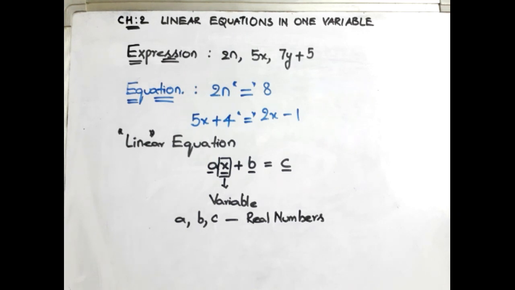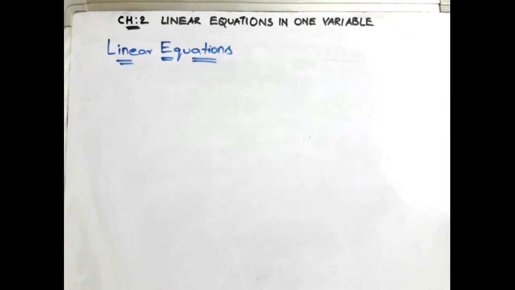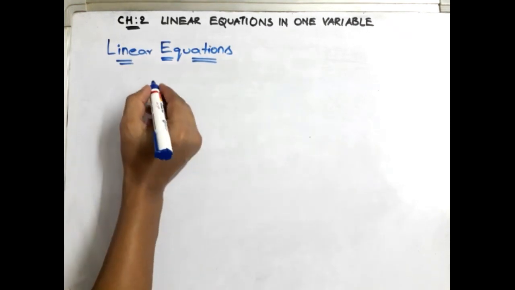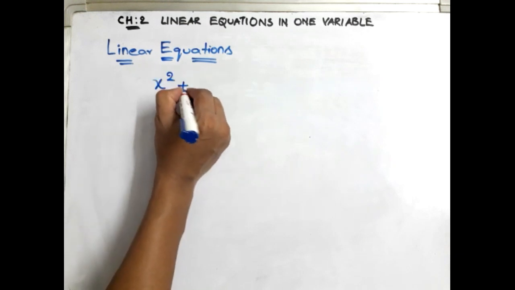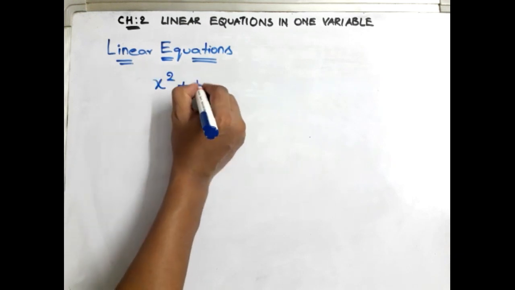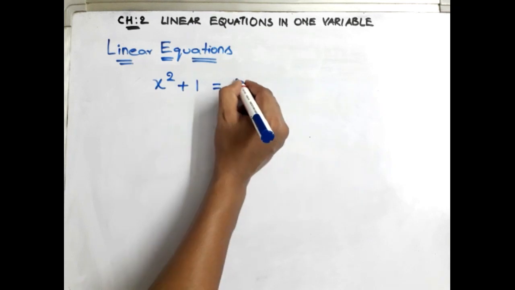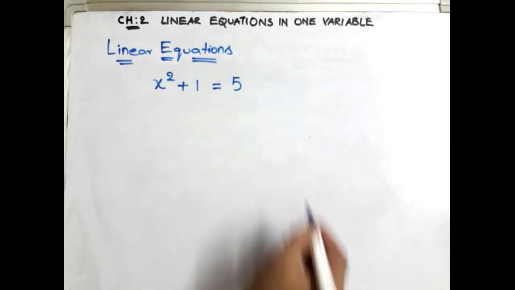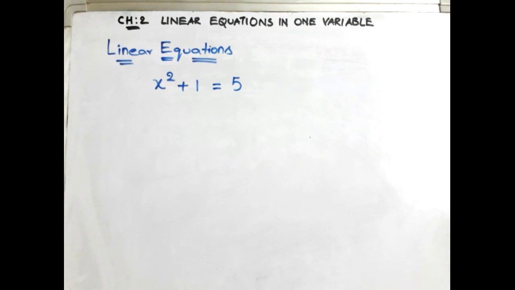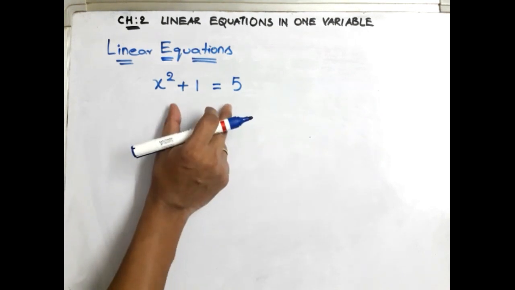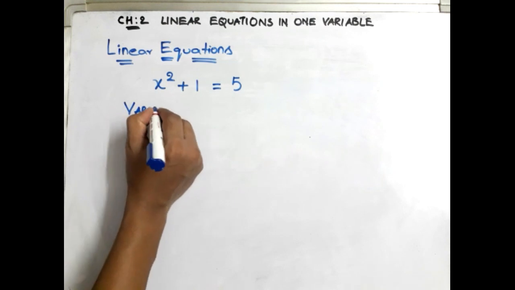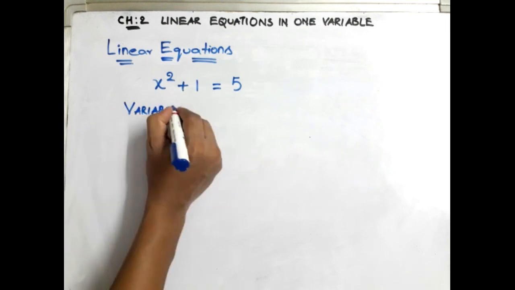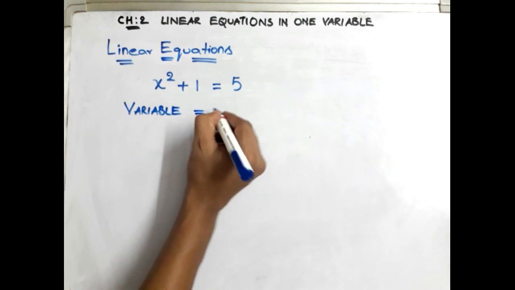Now I will give you some examples for linear equations, so please look. I am taking an equation like x square plus 1 is equal to 5, for example. Now in this, what is the variable? We can clearly say that the variable in this equation is x.